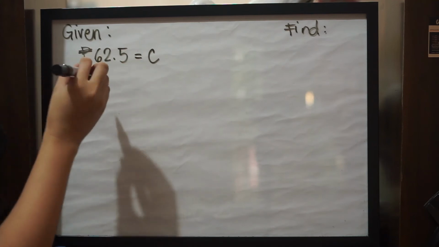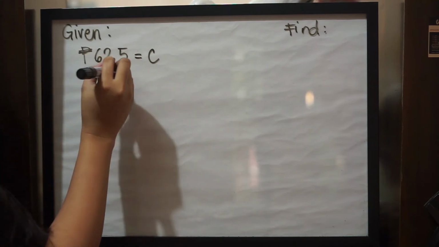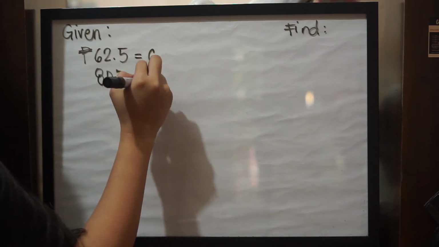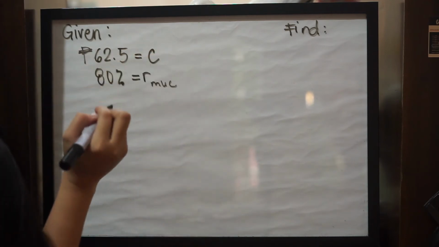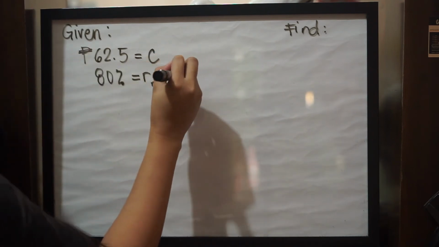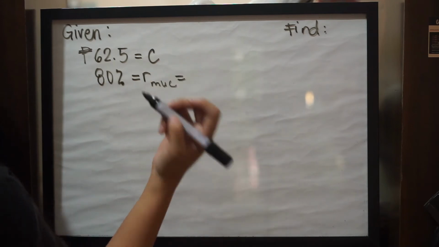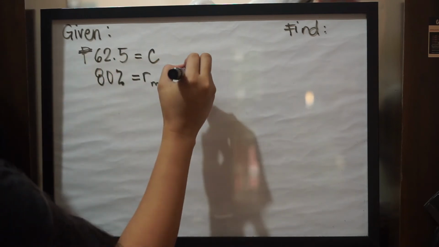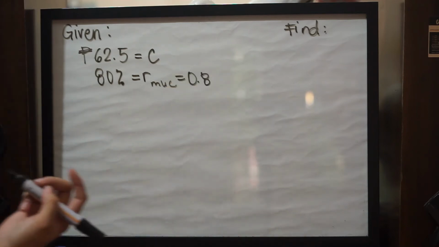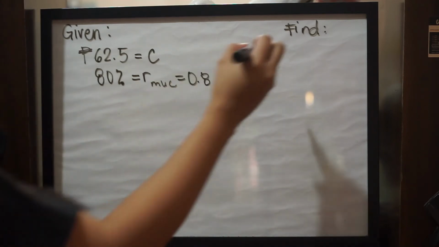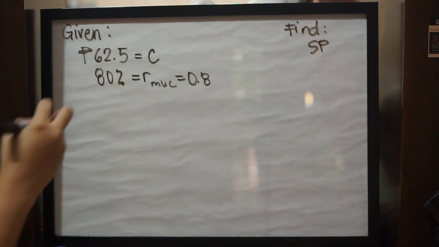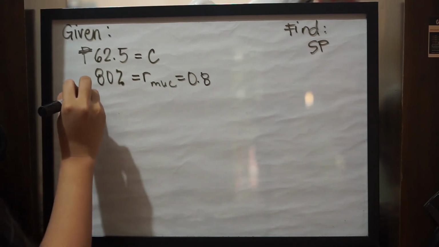Next, we also have 80%, in which this 80% is equivalent to the rate of markup based on cost. And since we cannot compute using this percent symbol, we have to rewrite it in decimal form. So, 80% is equivalent to 0.80 or 0.8. Then, we have to look for the selling price. Again, you may use abbreviations. So, let's proceed with the solution.